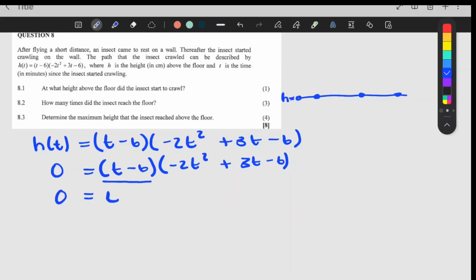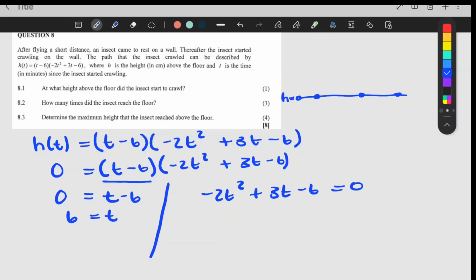So this part is equal to 0. So t is then 6. Or this part is also equal to 0. But if you have to work this out and you go to your formula, you will get no solution. So the insect reaches the floor after 6 minutes.